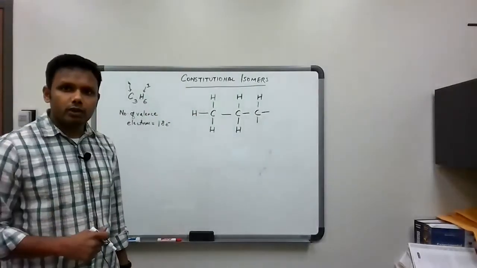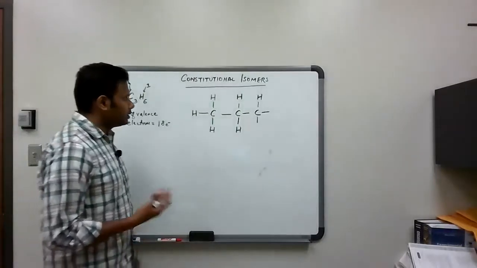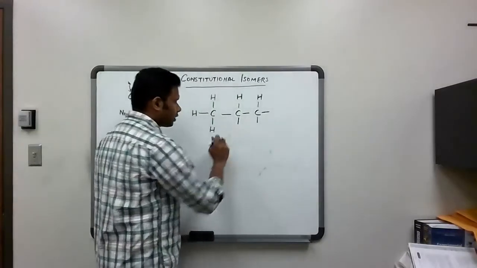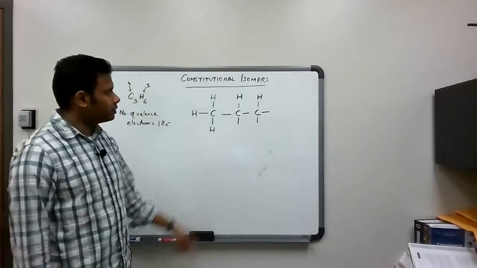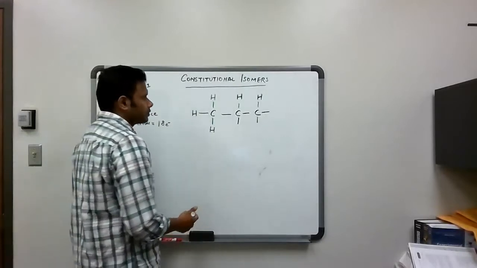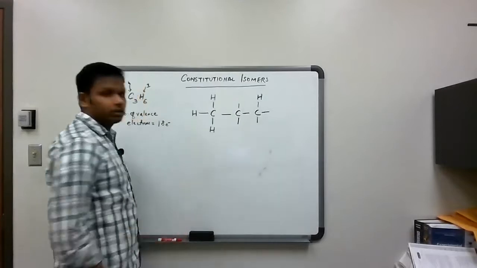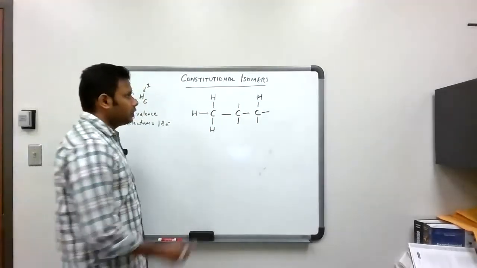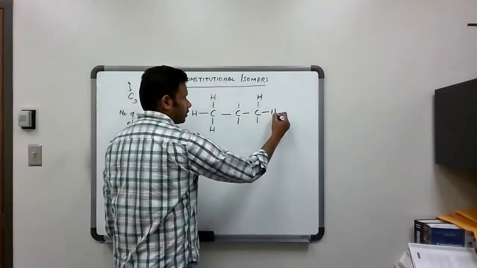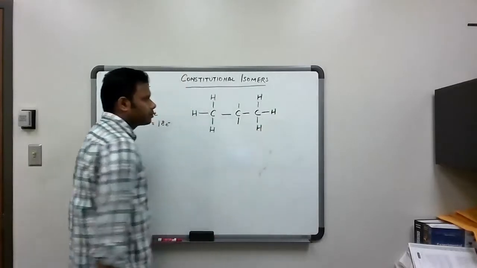So let's go ahead and rearrange it. Okay. And what I'm going to do is I'm going to take one of these hydrogens from the middle carbon here and include it. Or what we can do is we can take both hydrogens from this middle carbon and then put those on the other carbon at the end.